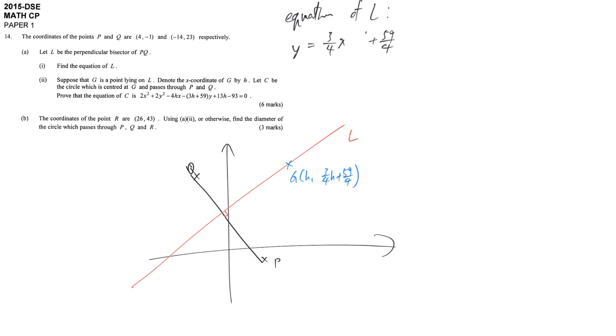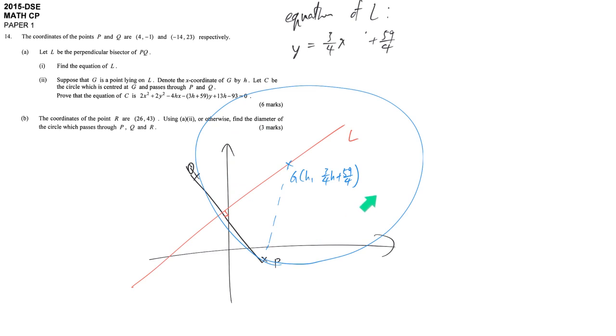And then it forms a circle, and that circle will pass through P. So this is the radius, and it forms a circle like this. But it's not fixed, because G can slide along this line, and that makes the circle bigger or smaller. But anyway, we already have the direction.